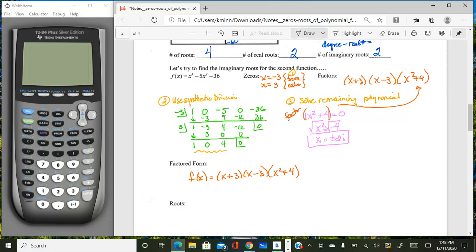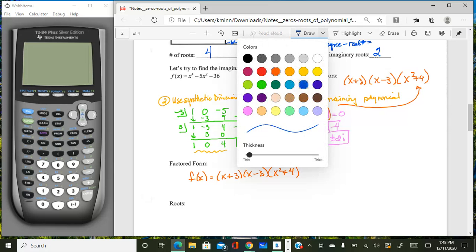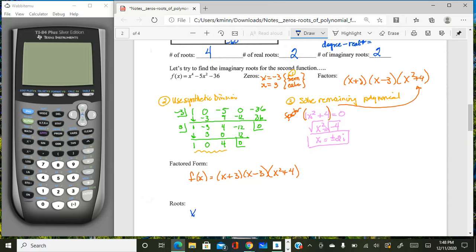Our final answer for all of the roots becomes x equals negative 3, x equals positive 3, and x equals plus or minus 2i, which I'm just going to write out separately to show you that we do get 4 roots because this is a fourth degree polynomial. Or you could write it as x equals plus or minus 2i. I wrote it out so you can see that there are 4 actual solutions.